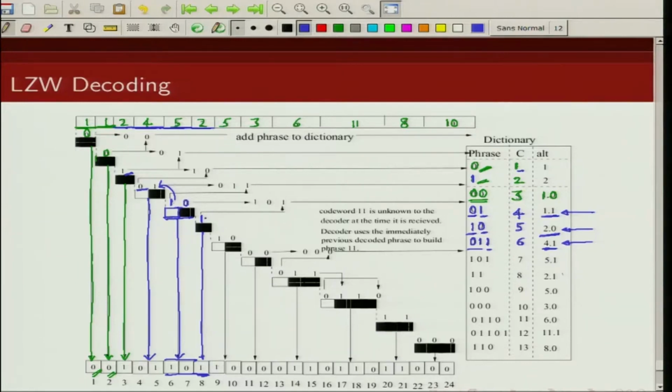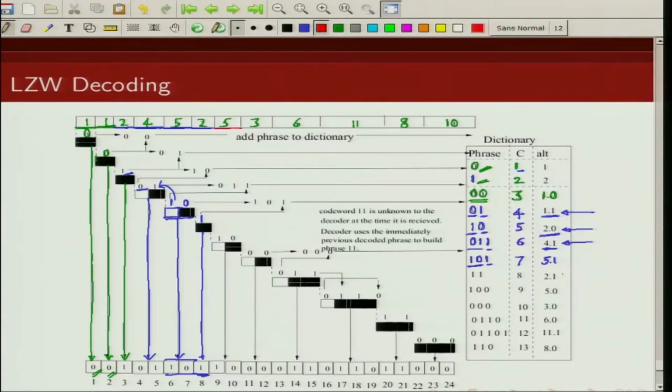So I am going to add 101 to my dictionary, and that's code word number 7. And this can be written as code word number 5, which is 10, concatenated with 1. So in the alternate representation I am writing it as 5 concatenated with innovation symbol 1.